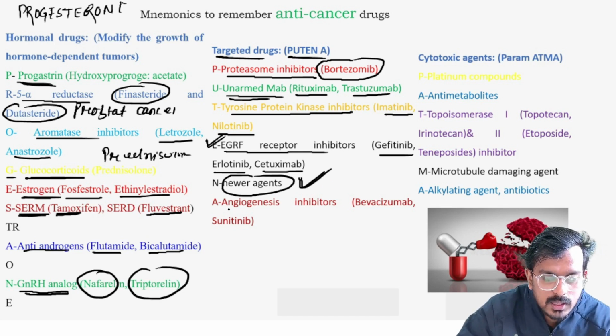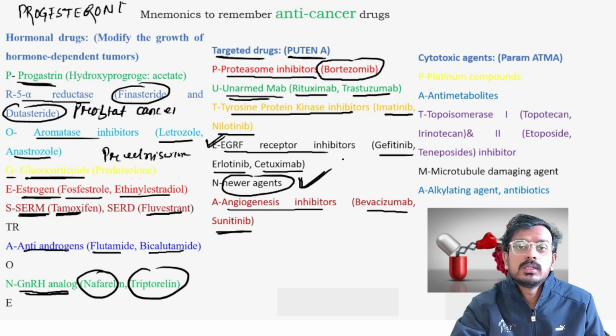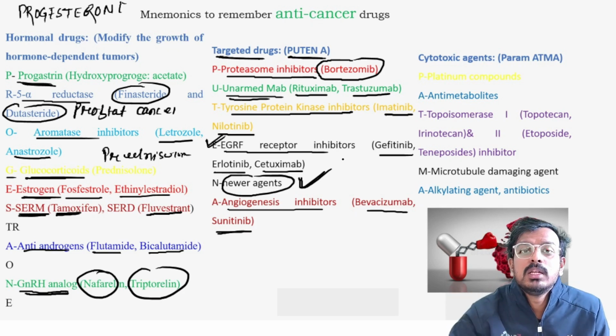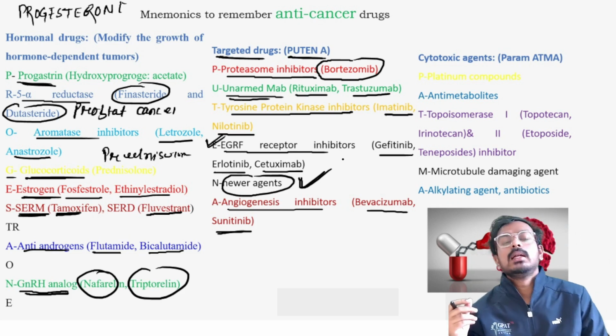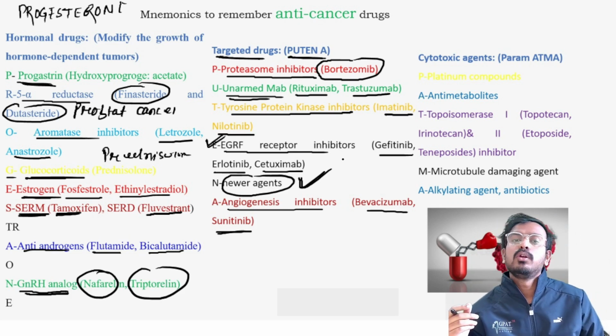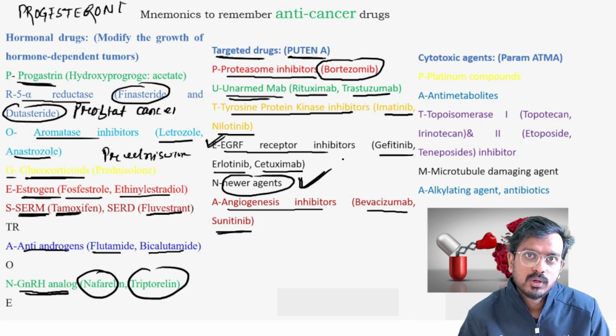A stands for angiogenesis inhibitor, that is bevacizumab and sunitinib. What does angiogenesis inhibition basically do? Angiogenesis means synthesis of new blood vessels to the cancer cell. Once a cancer cell is formed, it requires blood supply. If it does not get blood supply, that cancer cell will die.